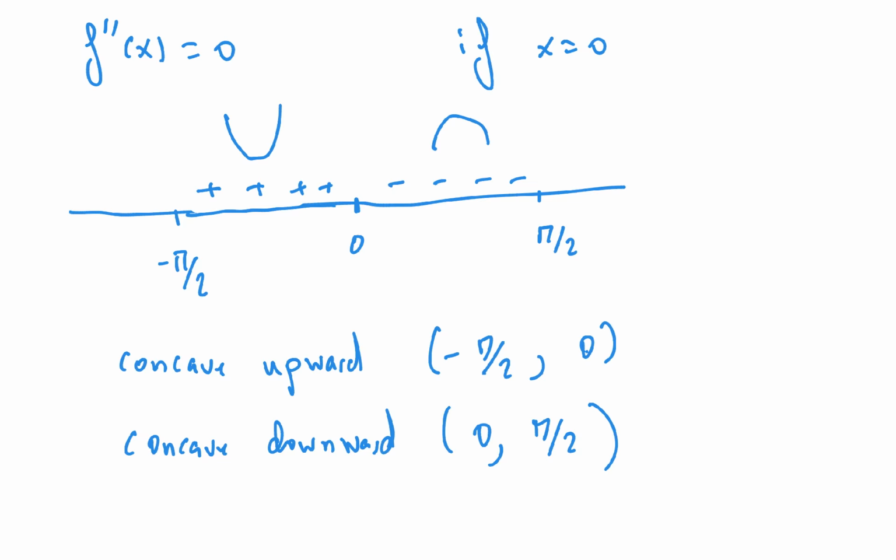If it's positive, the concavity is concave upward. If it's negative, the concavity is concave downward. In this case, to the right the concavity is concave downward, and to the left of the inflection point it is concave upward.